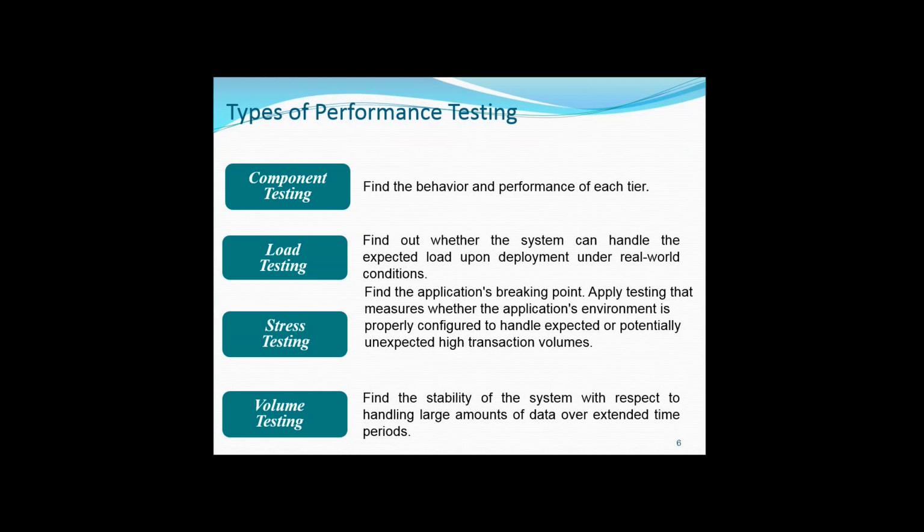Most of the times we work with entire architectures in performance testing, where we have multiple web servers, app servers, and database servers. This component testing is done to see the behavior and performance of each and every individual tier. It can be one web server, one individual app server, or one individual database server. Okay.